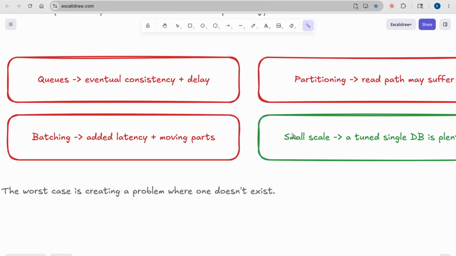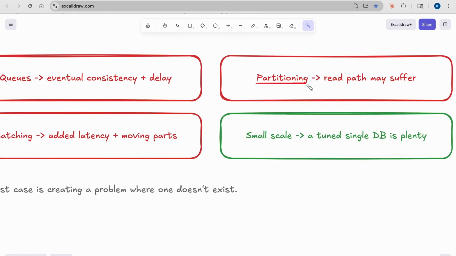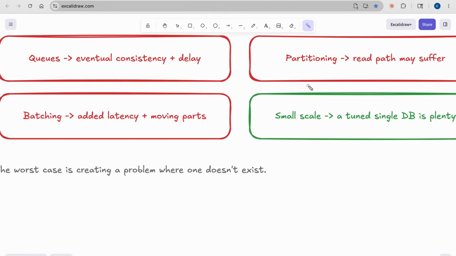It really comes down to trade-offs. Assume you went with a queue: that comes with the trade-off of eventual consistency and delay. If you choose partitioning, the read path may suffer, and you need to focus more on that. And if you choose batching, it adds latency and moving parts.